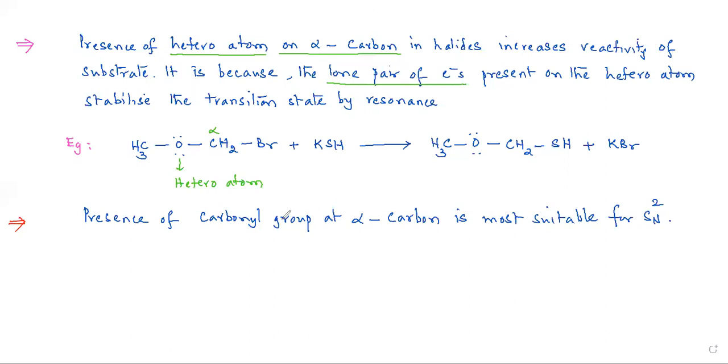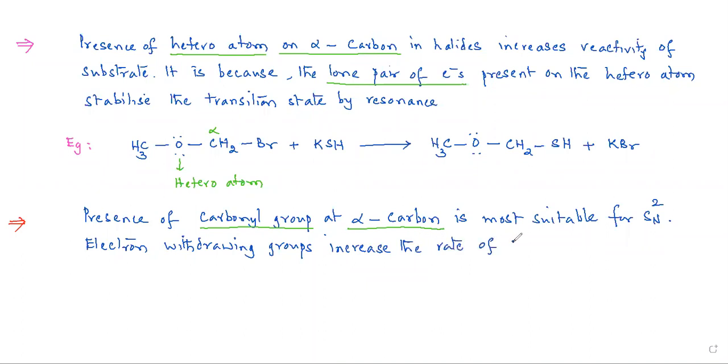Look at this. Having a carbonyl group at alpha carbon. In general, electron withdrawing groups increase the rate of SN2. Okay.